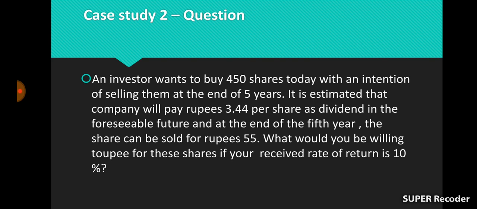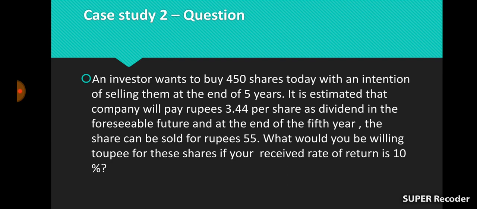P5: the investor would like to hold the share for 5 years, so the selling price at the end of the 5th year is rupees 55, and here the investor is getting 3.44 rupees as dividend for the whole 5 years. So he is getting 3.44 per share as dividend for 5 years.